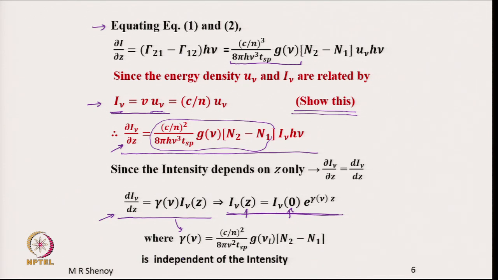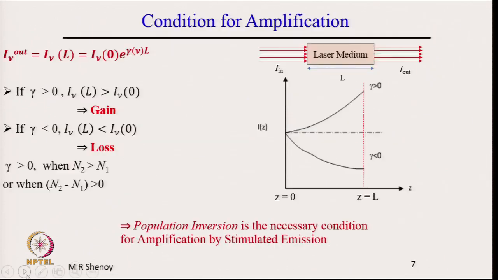It is actually not independent, we will discuss this a little later, but at the moment I have assumed it as independent of the intensity. Therefore, I_out is equal to I_ν(L).